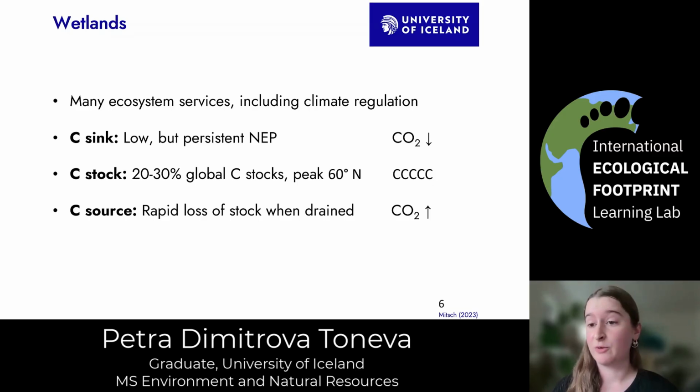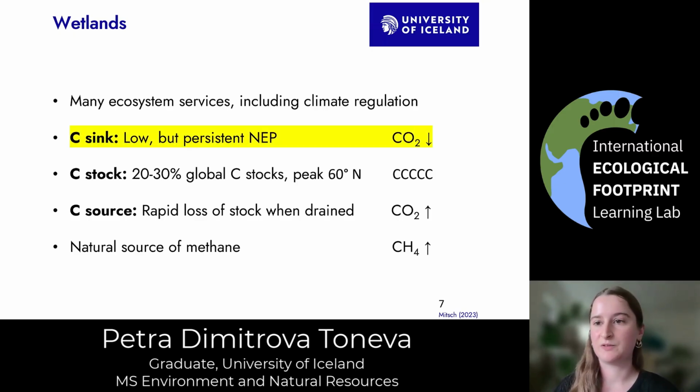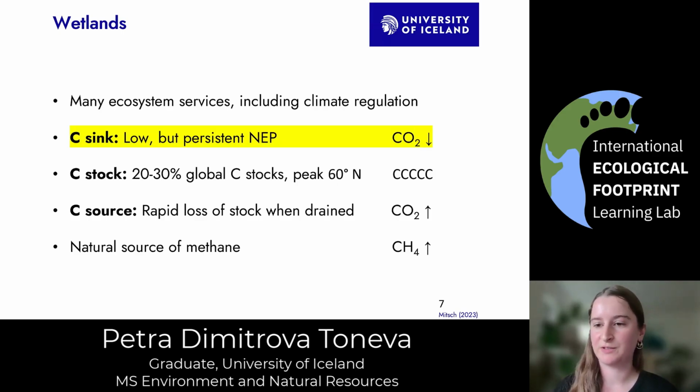And then they can also be a carbon source, depending on the circumstances, especially if they are drained, because then this carbon stock rapidly disintegrates, and that results in the release of a lot of emissions. And they're also a natural source of methane and other greenhouse gases. And in the context of biocapacity, we would be focusing on wetlands as a carbon sink, and I use that as the productivity metric that is integrated in biocapacity to calculate yield factors.